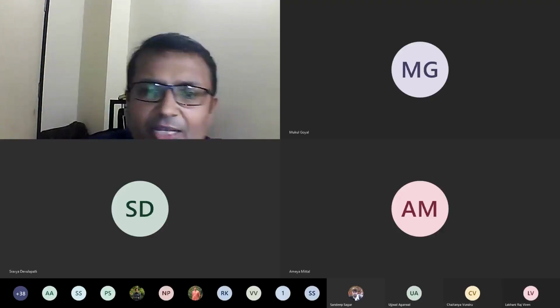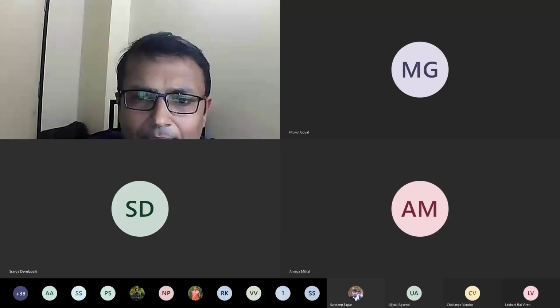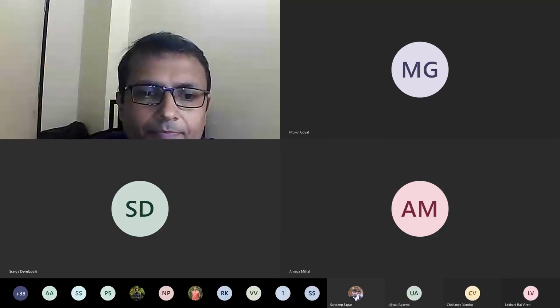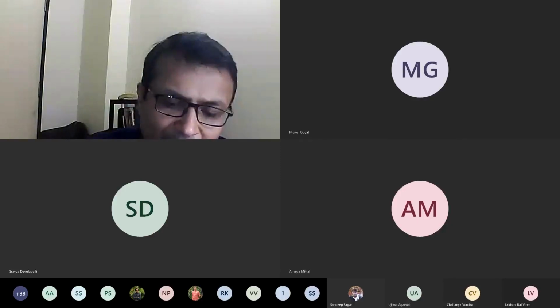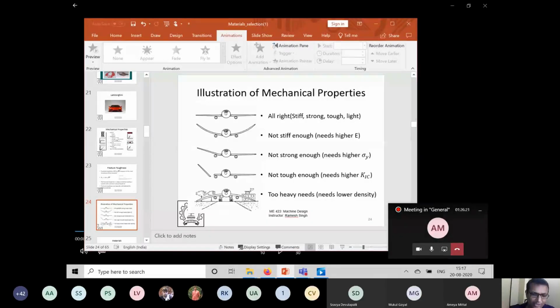Let me share this, and this is where I'll stop. So we'll do something like this. We'll try to figure out how the mechanical properties affect the performance, and how we choose different materials. If it is not stiff, not strong, not tough, or if the loads are too heavy, or it is too heavy, then what?